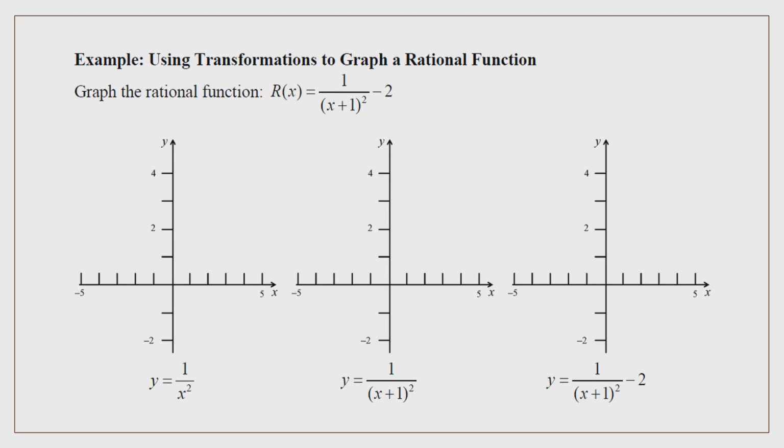So we know that we have some points like (1/2, 4), (1, 1), and (2, 1/4), and then their mirror images. Okay, these are the same points that we plotted in the previous problem. I'm going to connect my dots. Rough sketch.